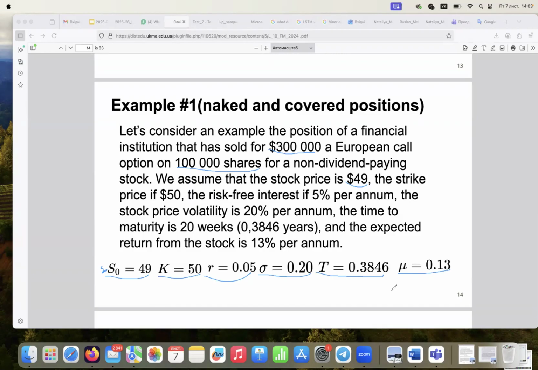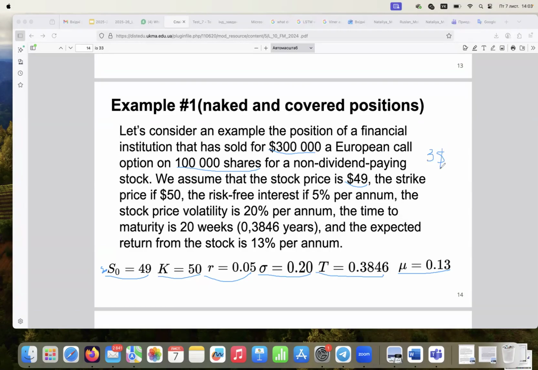Okay. Do you understand? So we have this European call option on 100,000 shares, and the company sold this for 300,000. So for one share it was $3.